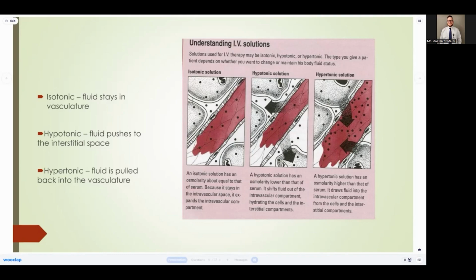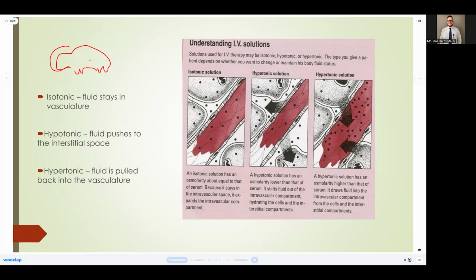If we're talking about a person here, hypo is kind of similar to hippo, if you think of it that way. A hypotonic solution means that someone's going to swell or have edema. I can't draw a hippo.